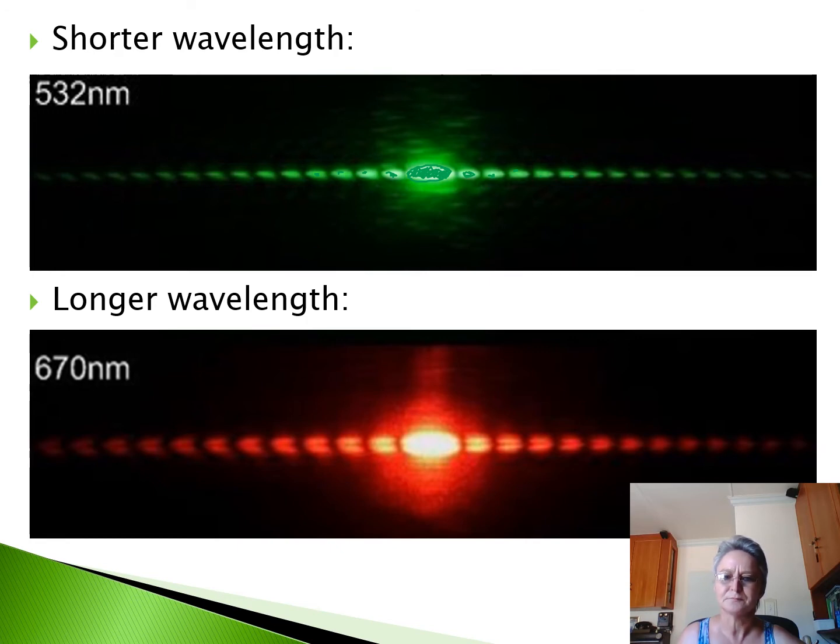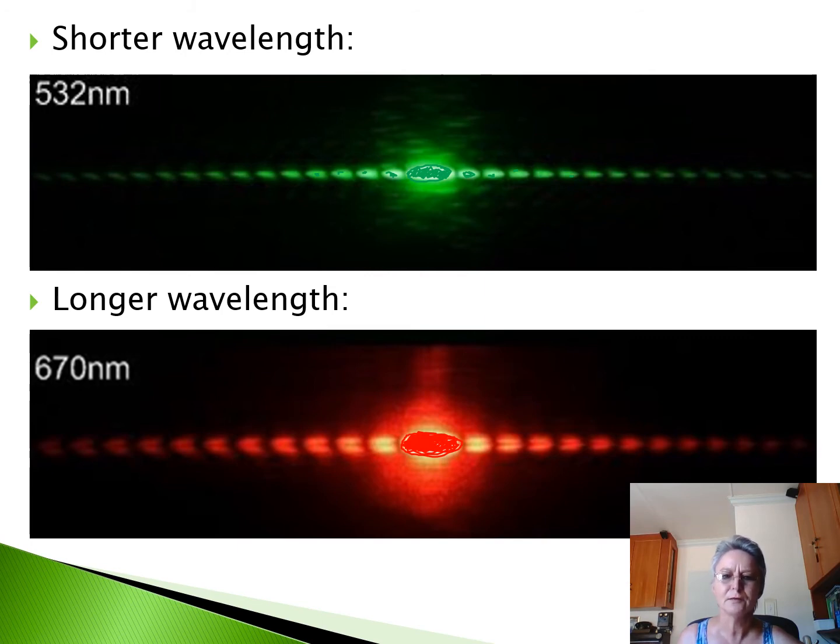If you look at the red pattern, the bright red band in the middle is wider than the bright green band in the middle of the diffraction pattern for green light. There is a good reason for this.